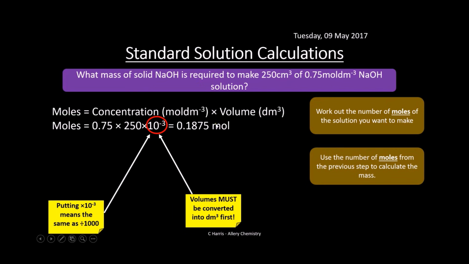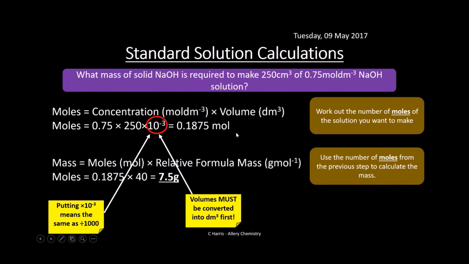So we're going to use this number of moles from the previous step, and we're going to calculate the mass. Okay, so we know the number of moles, and we can work out the mass by doing moles times relative formula mass. This is in grams per mole. Now this is of your sodium hydroxide. So using your periodic table, work out the relative formula mass, sodium plus oxygen plus hydrogen, and then we add them up and we get a total relative formula mass of 40.